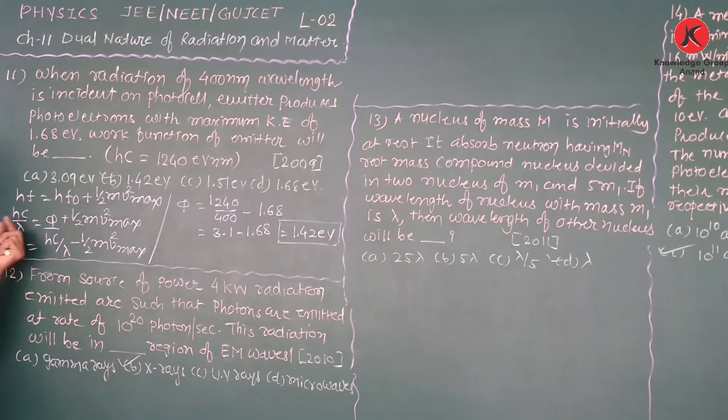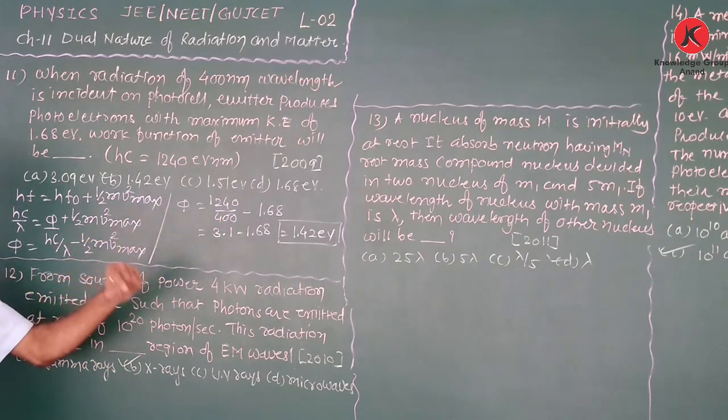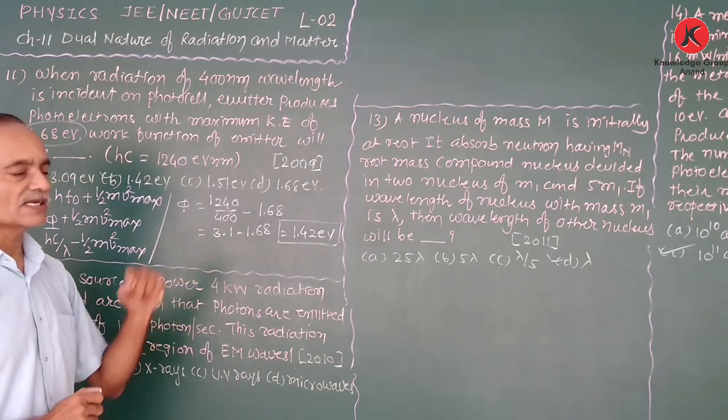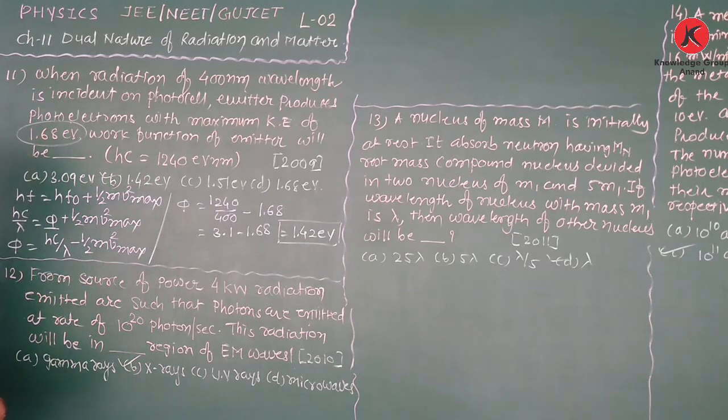Therefore, hc upon lambda is equal to phi plus half m v square maximum. We require the work function phi, therefore phi is equal to hc upon lambda minus half m v square maximum. The value of hc is 1240 electron volt nanometer, divided by wavelength in nanometer, 400, minus maximum kinetic energy 1.68 electron volt. Therefore, 3.1 minus 1.68, so 1.42 electron volt is the answer. That is the work function of the emitter for the given matter.